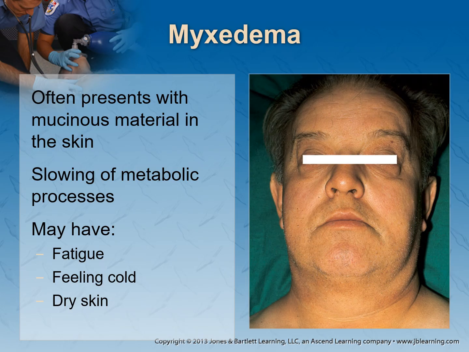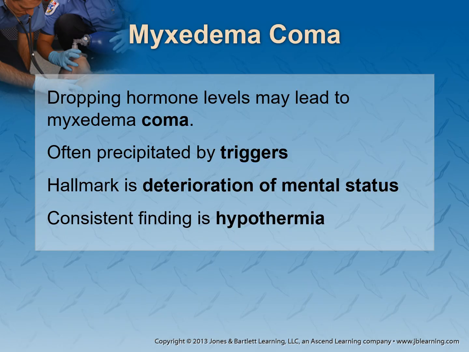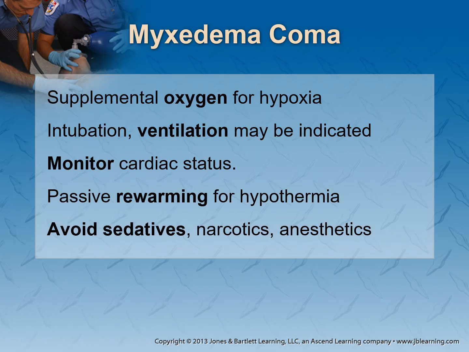It slows all the metabolic processes, so fatigue, feeling cold, dry skin, possibly hypothermic. And it can go all the way to where they're in a coma. Often it's precipitated by triggers that cause something to get worse in the patient, like a trauma or a bad sickness, COVID probably.